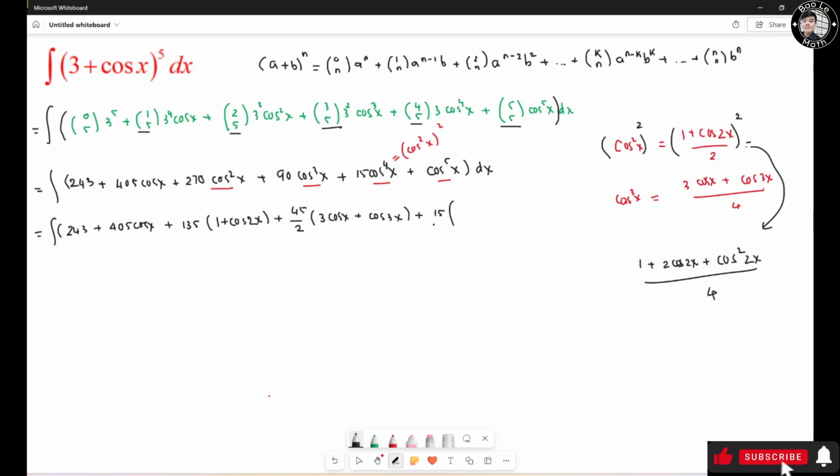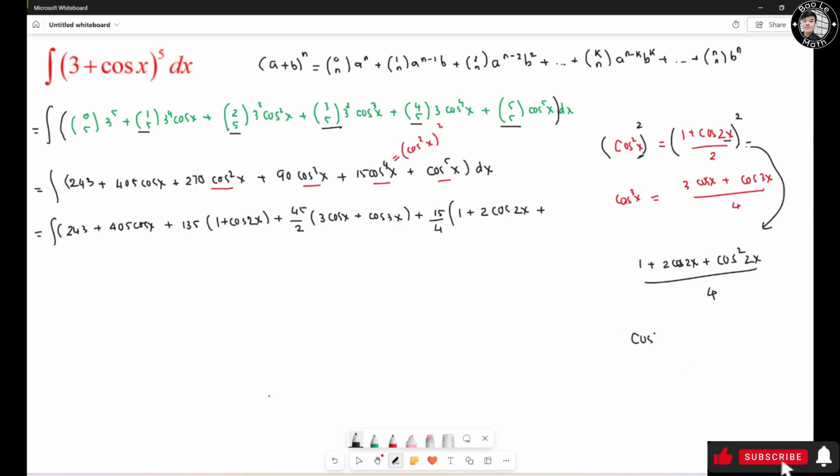So right here I have 15 over 4 times 1 plus 2 cosine 2x, plus, now cosine squared of 2x, I'm going to apply the formula one more time. Because I have cosine squared of x equal 1 plus cosine 2x over 2, and you see that this angle right here is half of this one.